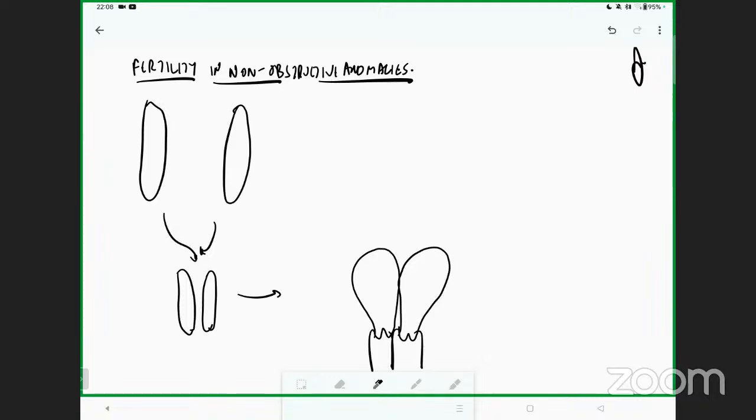So what happens is there is a process called differential canalization. Some parts will begin to canalize here, some parts will canalize here, like this, like this. It will all continue to canalize. First, it will form a cavity inside because of canalization.